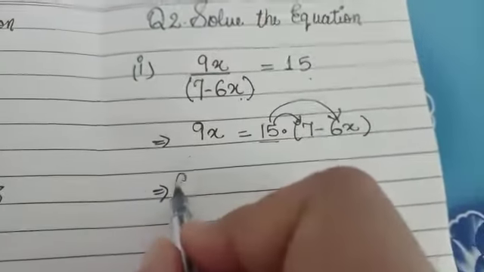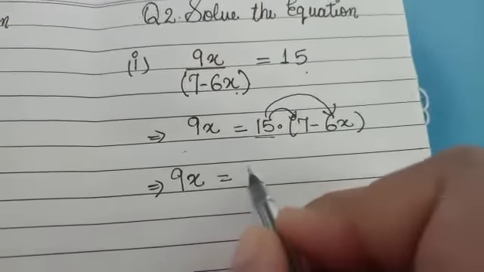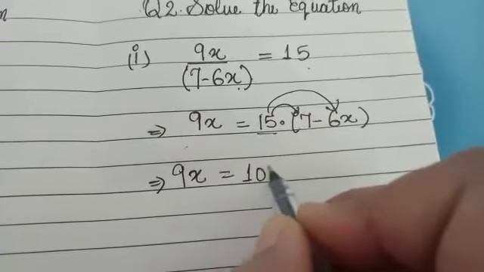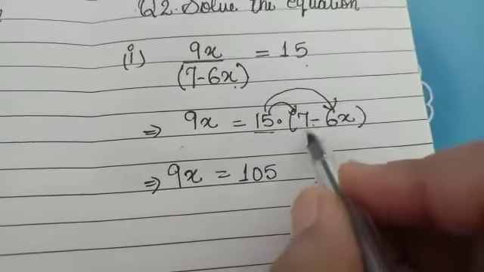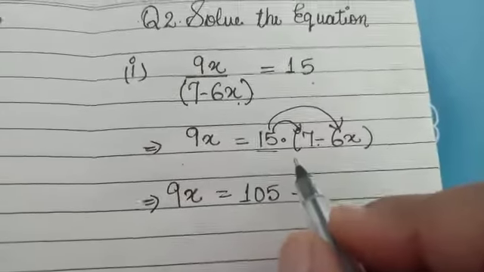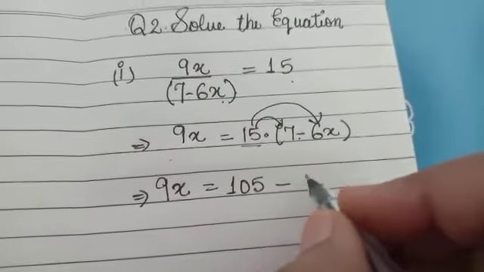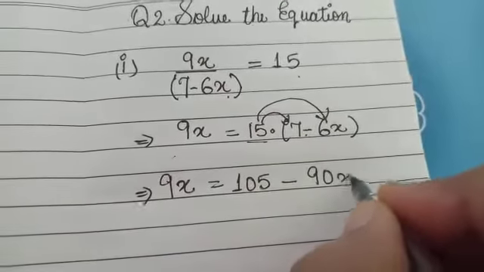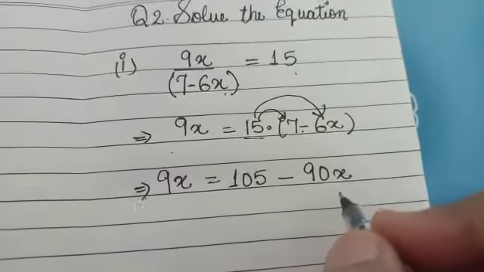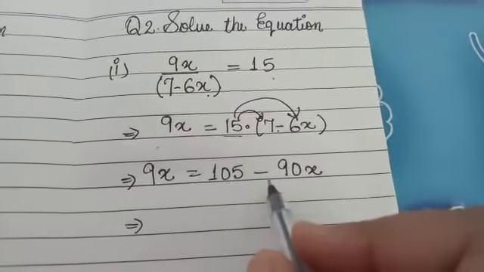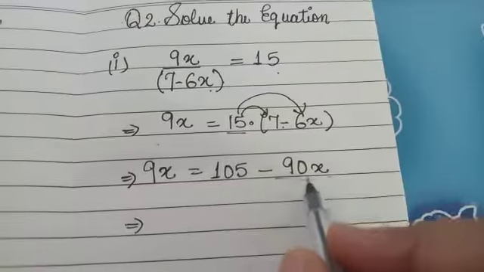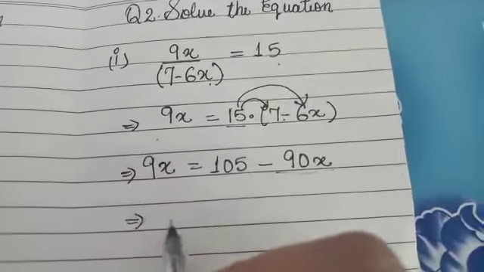So 9x = 15 × 7, 15 7s are 105. Here a negative sign is there, so minus 15 × 6, 15 6s are 90x. In the next step, transpose this 90x to the left hand side.